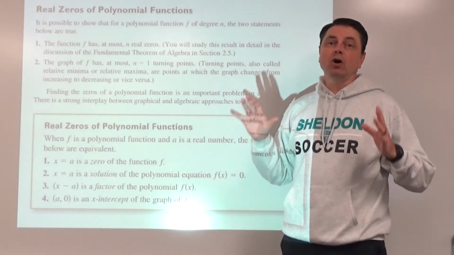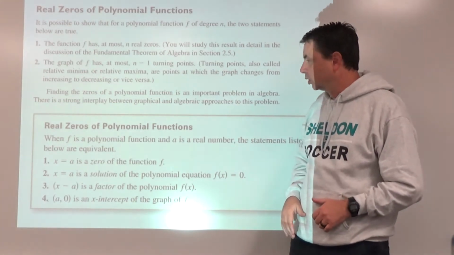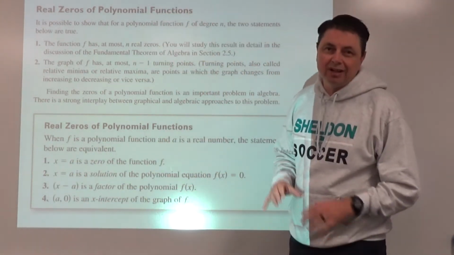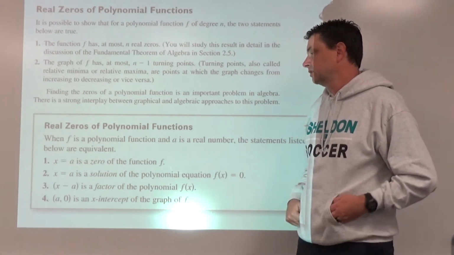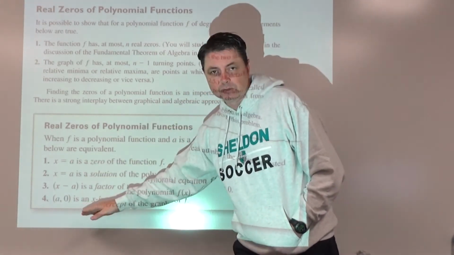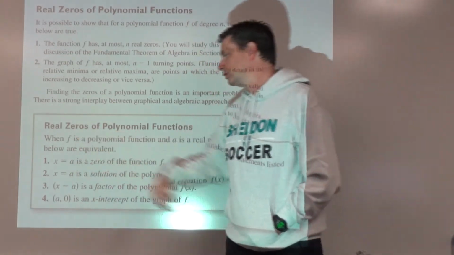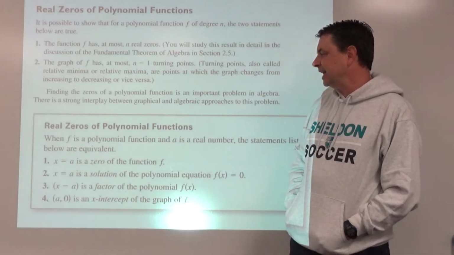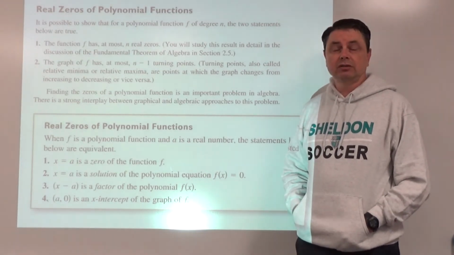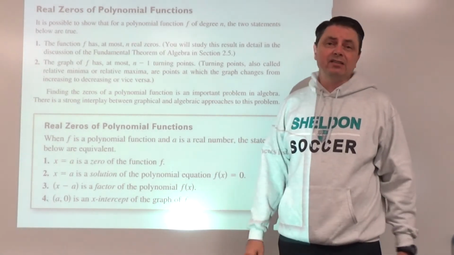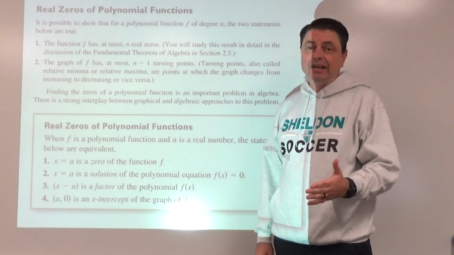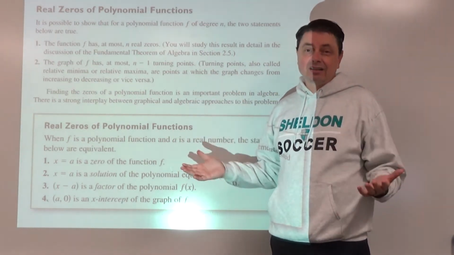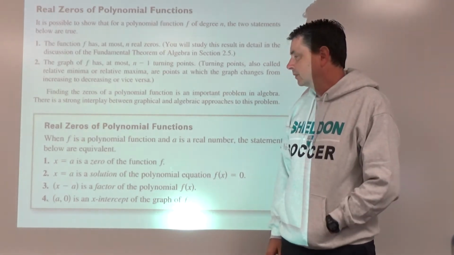All right, this part is really important. These four things are interchangeable and essentially synonymous. If you know one of those, then you know the others. Such as, if we know x equals a is a zero of the function. So say, all right, I got this function f of x. I know that 10 is a zero, meaning that if I plug in a 10 for all the x's, the answer comes out to be 0.